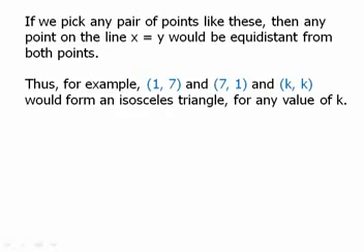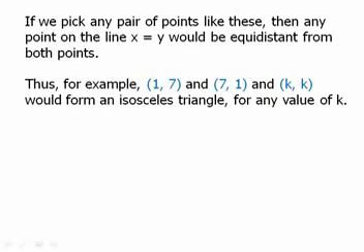Thus, for example, 1, 7, 7, 1, and k, k would form an isosceles triangle for any value of k, positive or negative. Because k, k has to be a point on the line y equals x, a point on the mirror line. Any point on the mirror line is equidistant from the original point and its reflection.